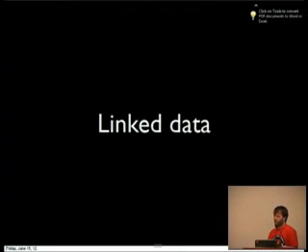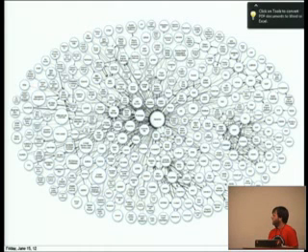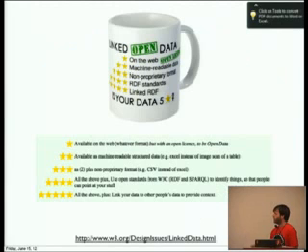Okay, so let's go to what you want in the future: linked data. Linked data is this network. This is a cloud from the Linked Open Data project, where we have a lot of things today in a semantic way.